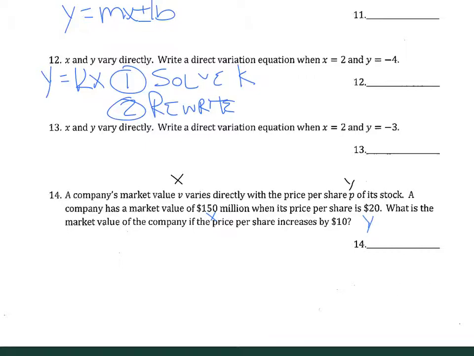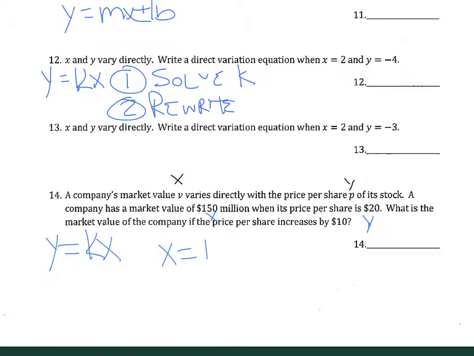That's going to be a Y. What is the market value of the company if the price per share was increased by $10? So again, you want to start with your base, Y equals KX. Plug them in, find your direct variation, find your K.